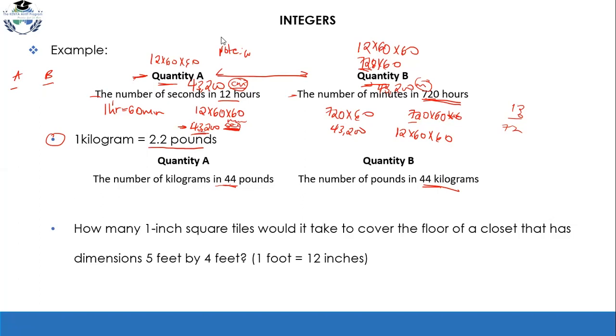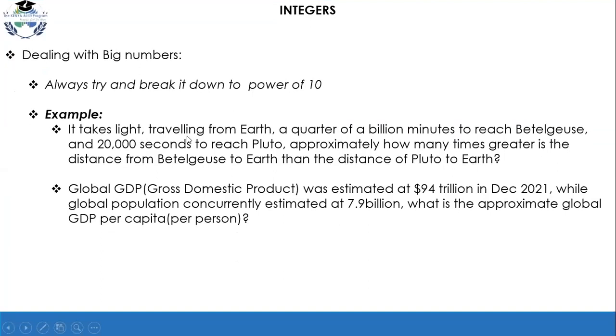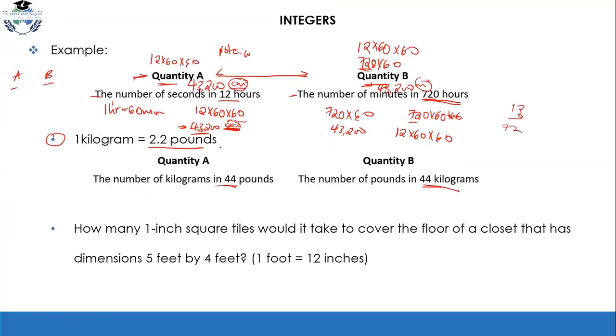All right. So Ianto, you have to explain to us how you found quantity B is greater here. Okay, so in my thought process, one kilogram is 2.2 pounds. So if you're looking at the number of kilograms in 44 pounds, I would have to divide 44 pounds.